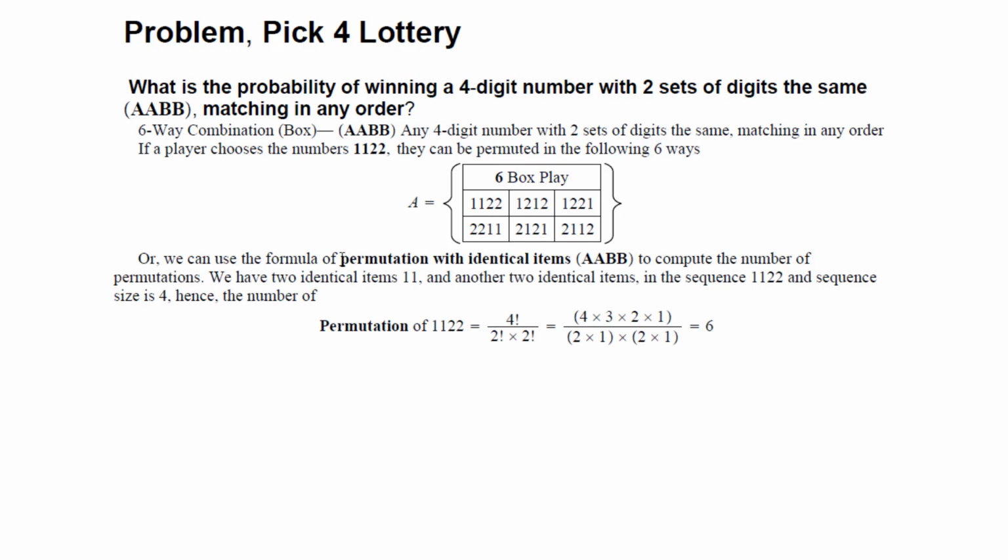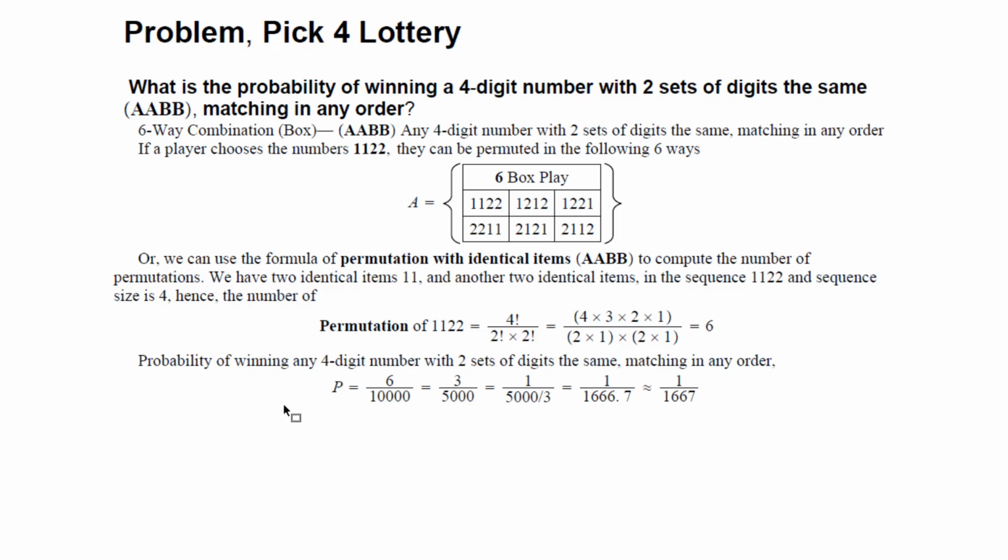We can apply the formula of permutation with identical items for a sequence of the form AABB. The size of this sequence is 4, so here we have 4 factorial, and the size of the identical items here is 2, so we divide by 2 factorial, and we also divide by the size of the second set, which is also 2 factorial, and we get 6 possible outcomes.